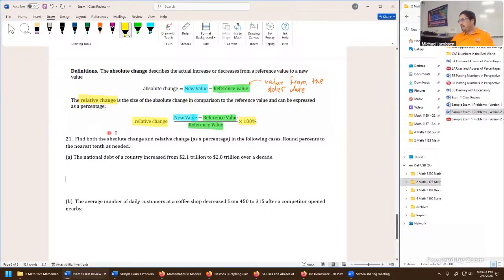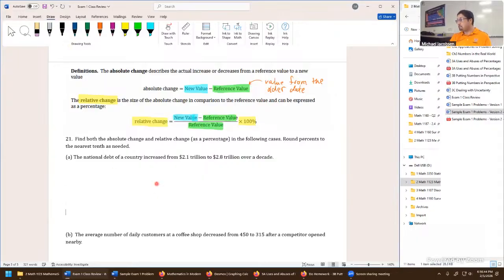It says find both the absolute change and relative change as a percentage in the following cases. And here we're talking about the national debt of a country that increased from 2.1 trillion to 2.8 trillion over a decade. So to talk about the absolute change, the formula is we'll take the new value minus the reference value, but that's where it can get a little bit tricky on these.